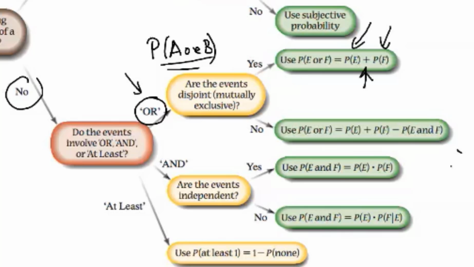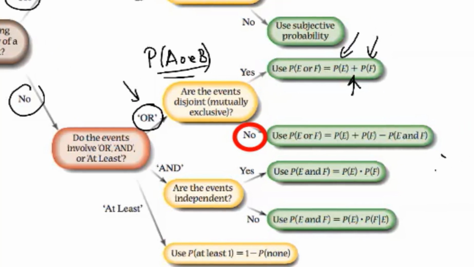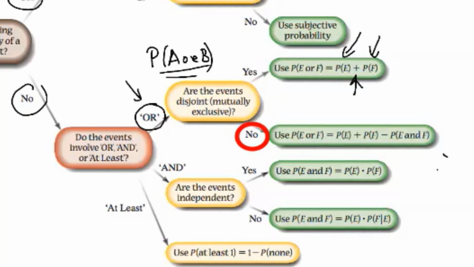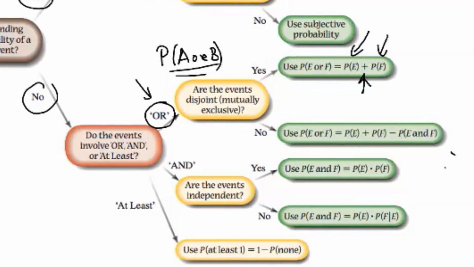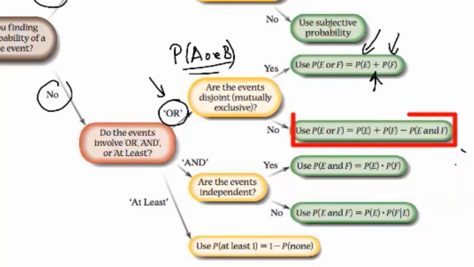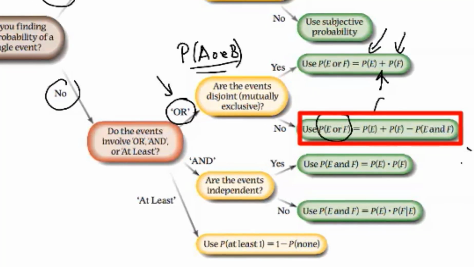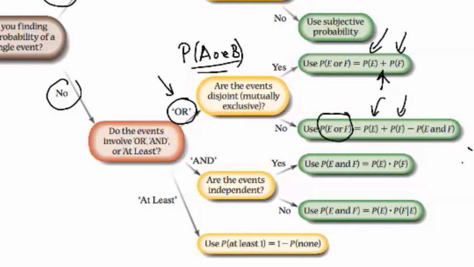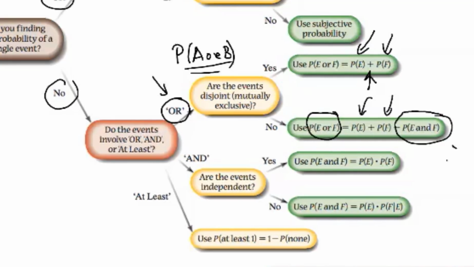The addition rule is related to the word or. If they are not mutually exclusive, they have a common element, an intersection, and you cannot count this intersection twice. To compute the probability, you have to compute the probability of each individual event, but you need to subtract the intersection because you cannot count it twice.